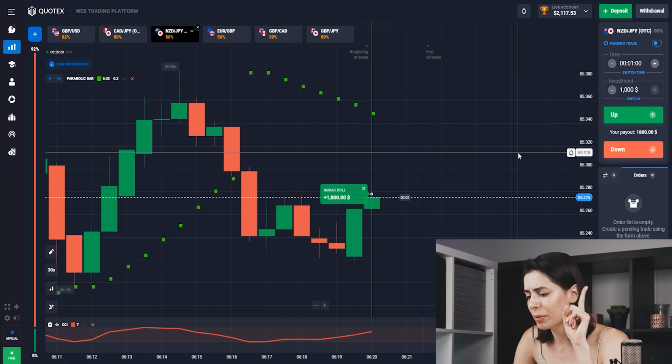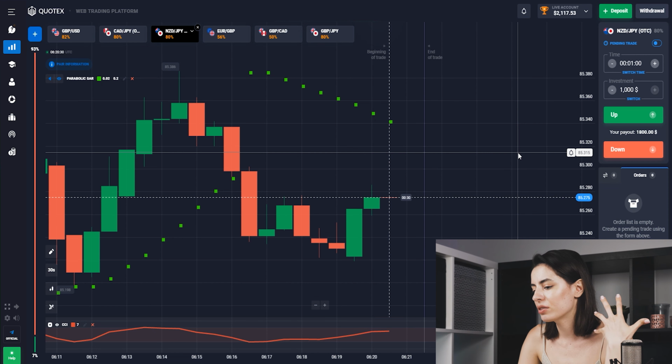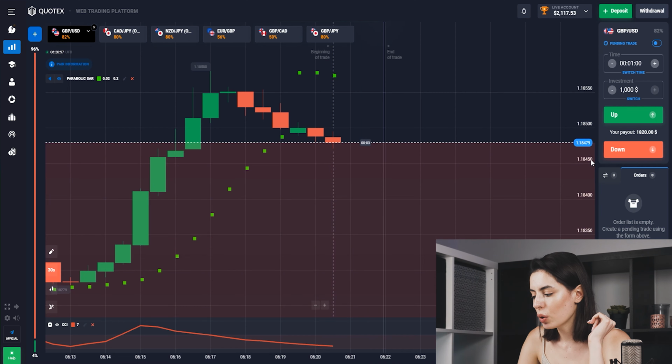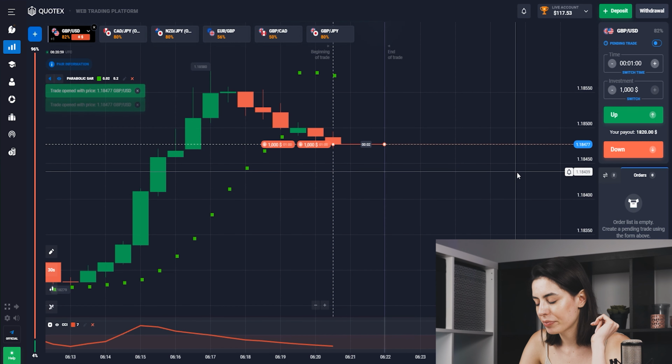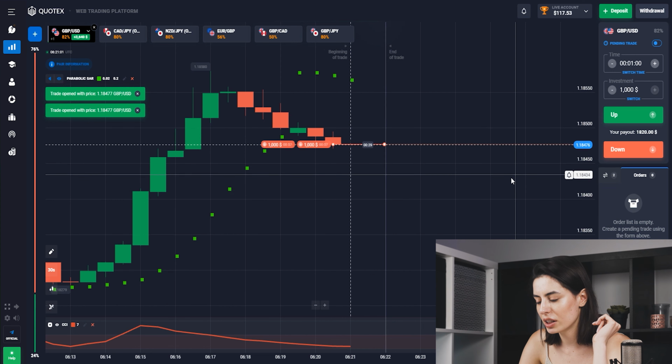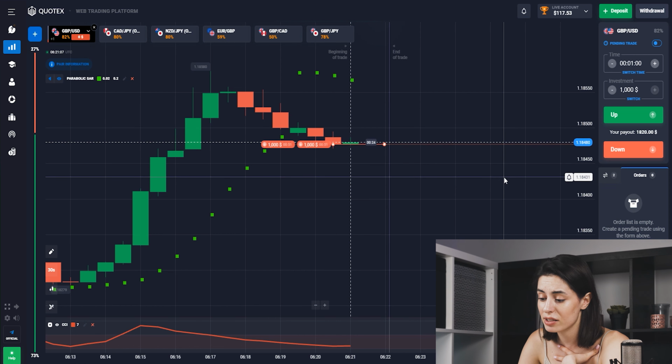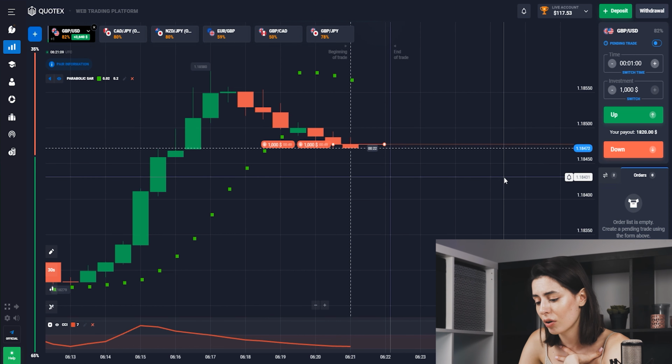Let's make one last bet, maybe I'll find something more to explain. So what we are having here is actually the perfect situation that we were looking for. Parabolics are showing us this is going to be a drastic fall.